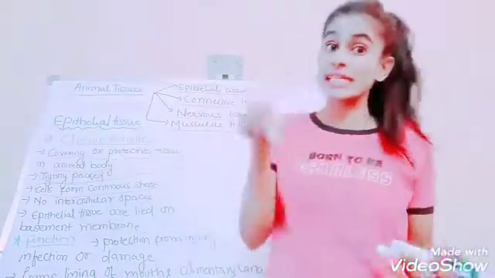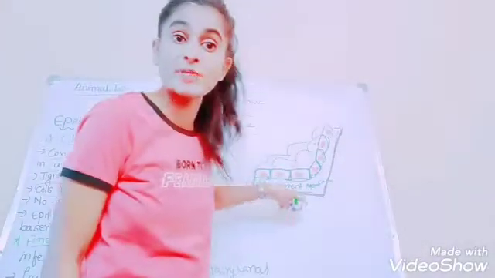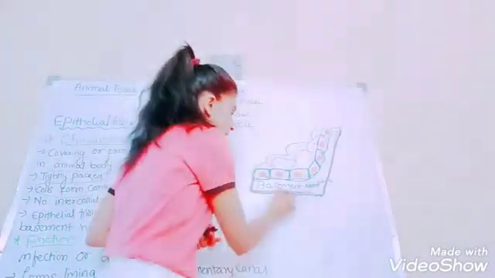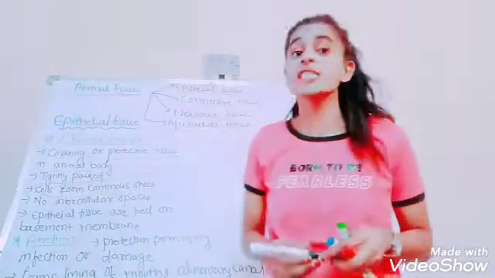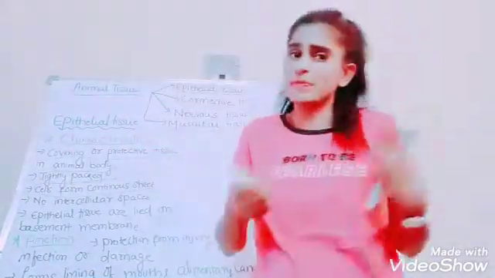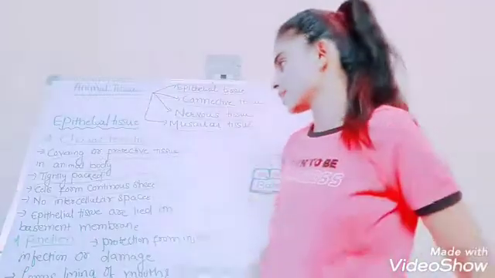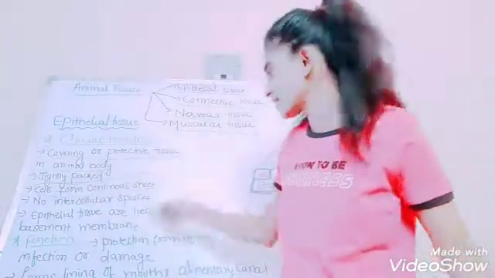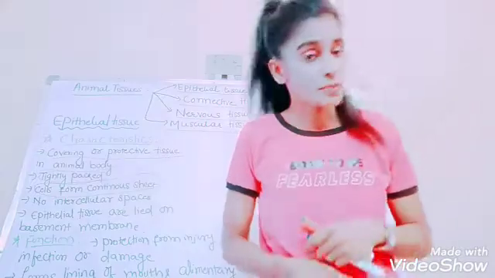And where is this sheet of cells located? On the surface of your basement membrane. The basement membrane helps in the easy absorption of nutrients. So, no intercellular spaces, and epithelial tissues are laid on the basement membrane.